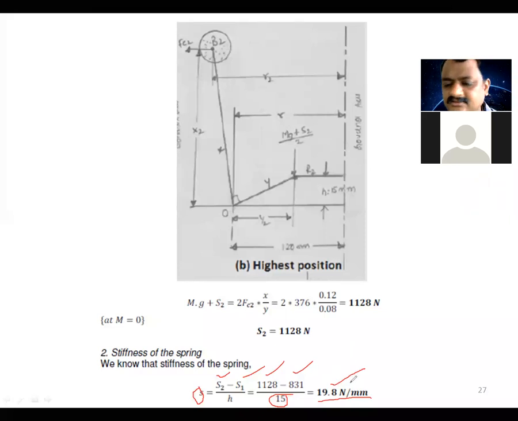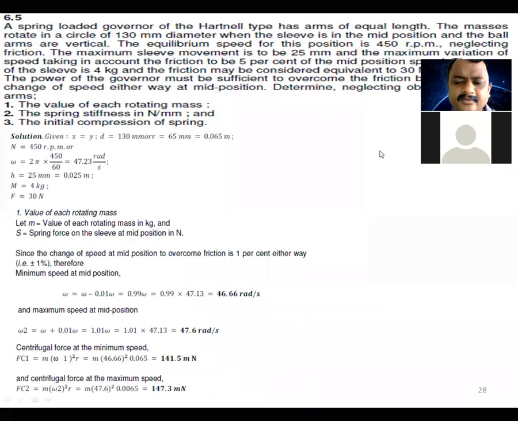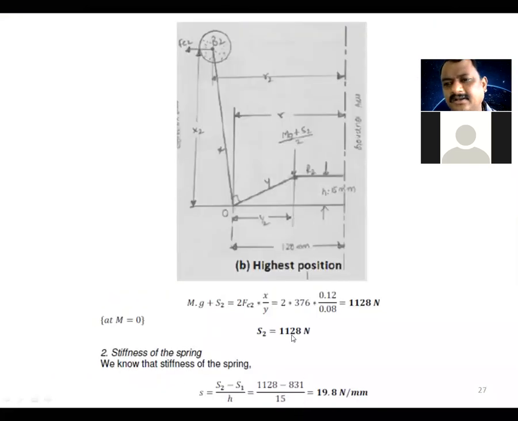Since H is substituted in millimeter, the stiffness of the spring is measured in Newton per millimeter. This is obtained by finding S1 and S2, and then FC1 and FC2. R2 we had found out. If you find out all these things, only then will you be able to find the stiffness of the spring.